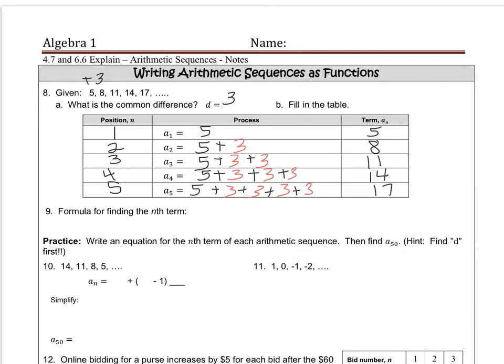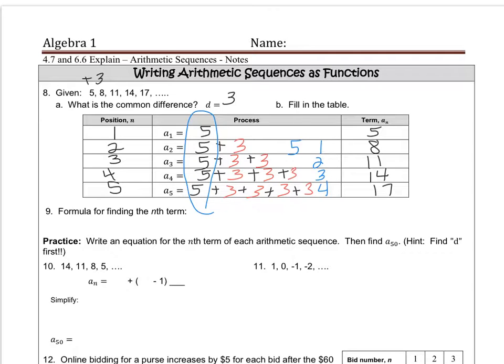So let's start to look at what this structure is. I can see that every single time I am starting with my first term. So I'm starting with a 5. Then I'm adding to it. If I look at the pattern here, I've got 1 3, and then I've got 2 3s, then I got 3 3s, then I got 4 3s.